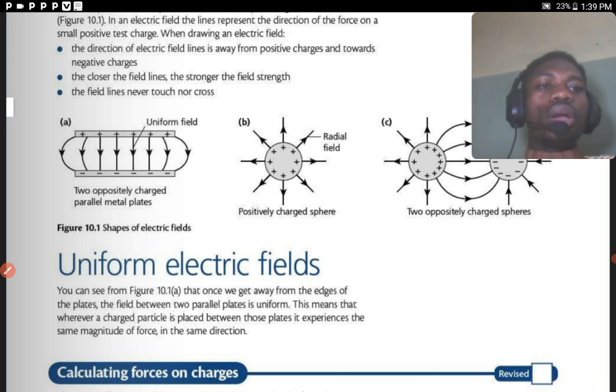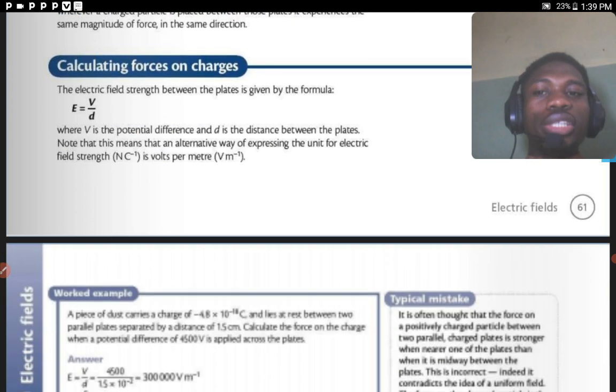All right, now we have to look at how to calculate forces on charges.